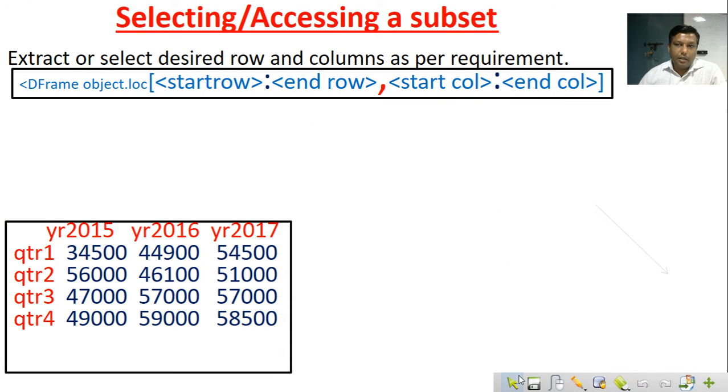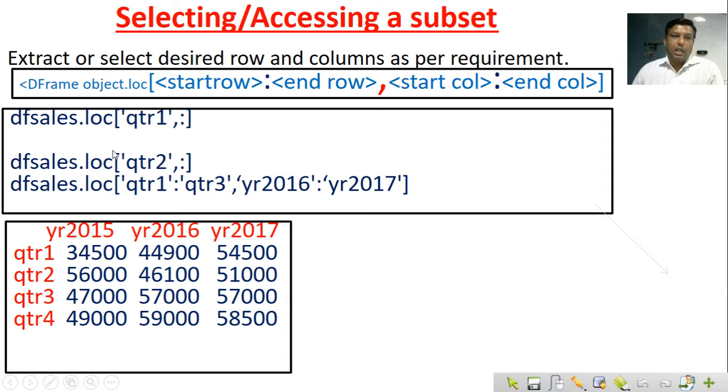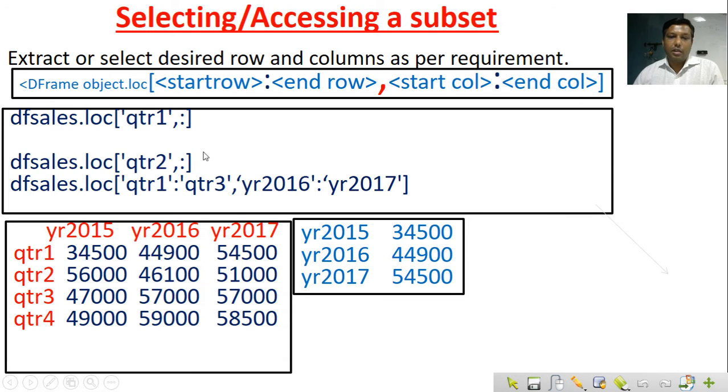We have written loc quarter 1, which means only quarter 1, then comma. The comma separates the row and column sections. In the column section nothing is given, no start or end column, which means all the columns will be displayed. Look here: quarter 1, and the values of all the columns display.